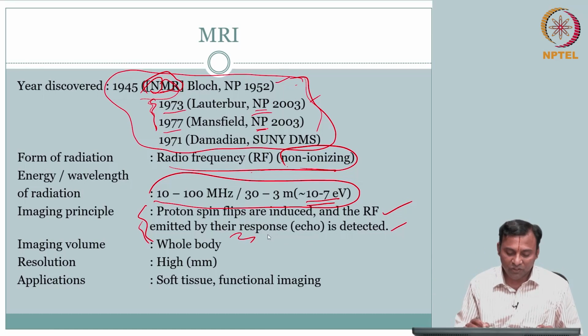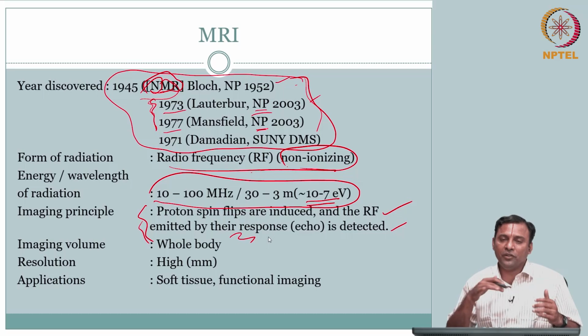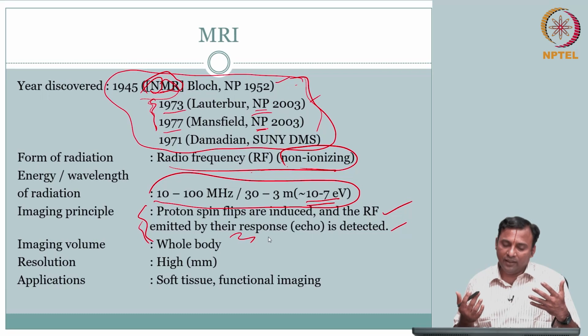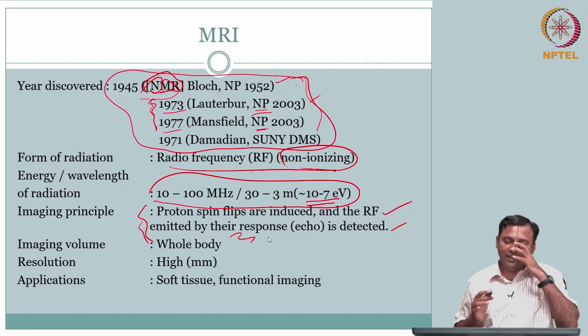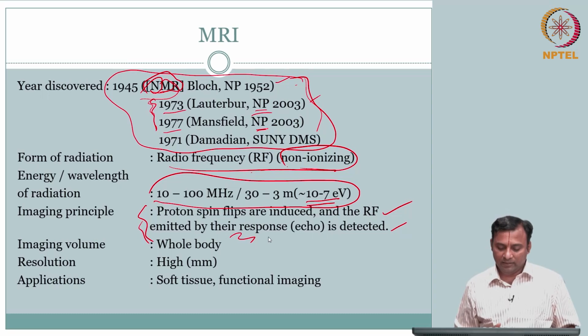This is not like straight tomography, because we are going to get volumes and cross sections, but it is a little more complicated than that. For now I think it is better we just say there is a hydrogen atom, there is a nucleus, there is a spin property, and that is what is exploited.